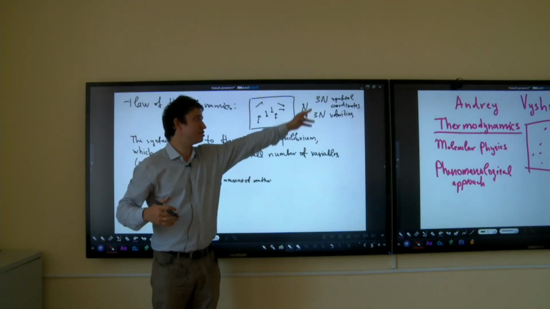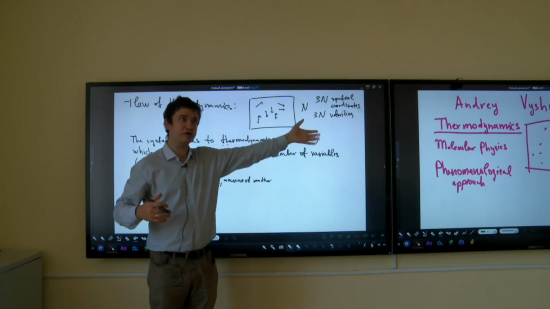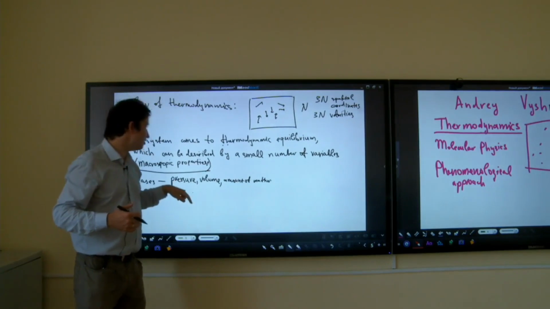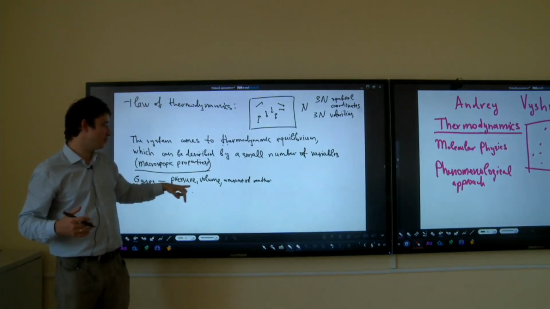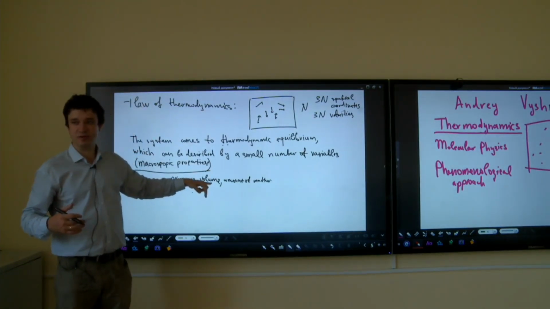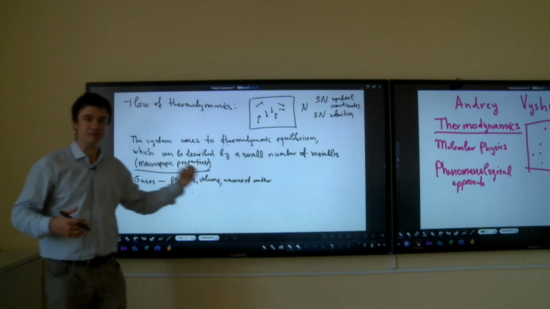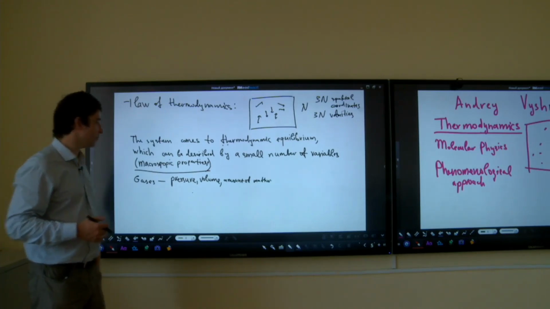So at least 6n coordinates are required to fully describe the state of the system. But when the system is in the state of thermodynamic equilibrium, I need only 2 of them. Well, actually 3. So that's a huge decrease in the number of variables.